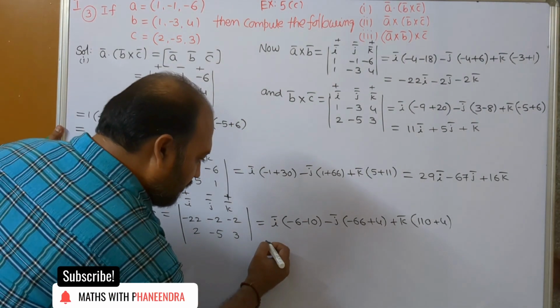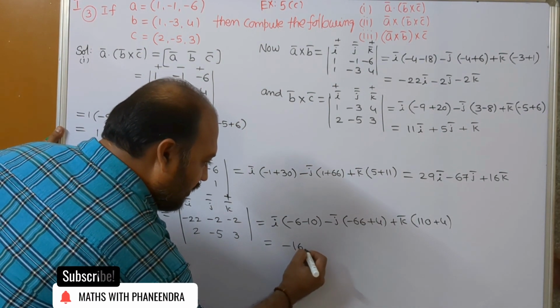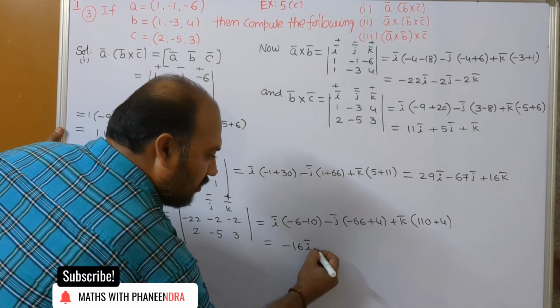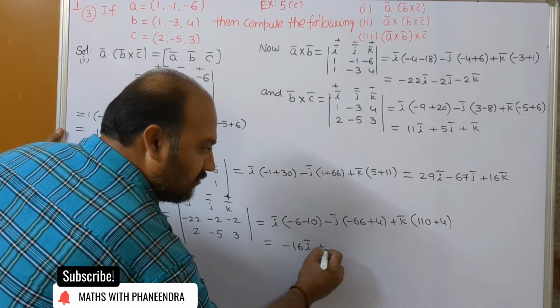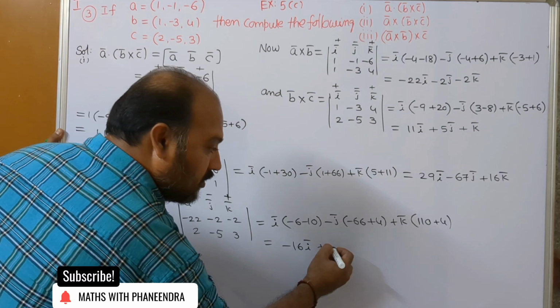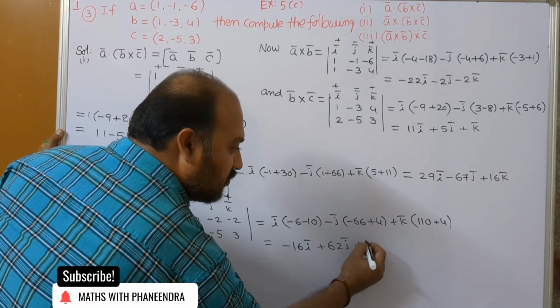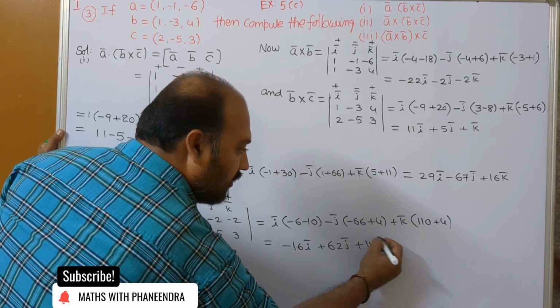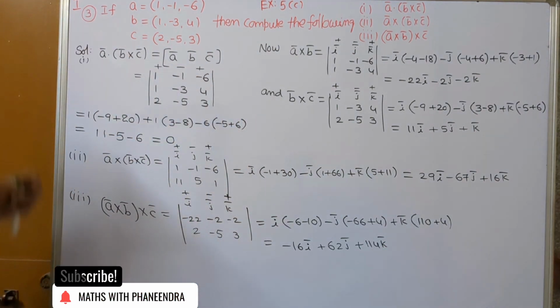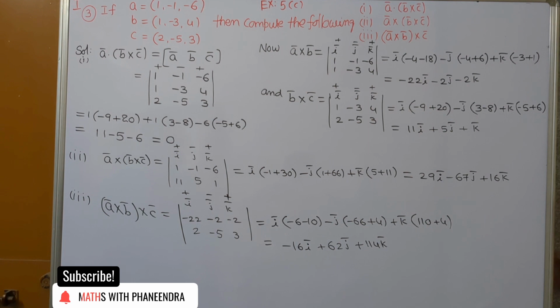Right, that is equal to minus 16i, minus into minus plus will come 66 or 4, 62, plus 62j, plus 114k. So this is about A bar cross, B bar cross, C bar.